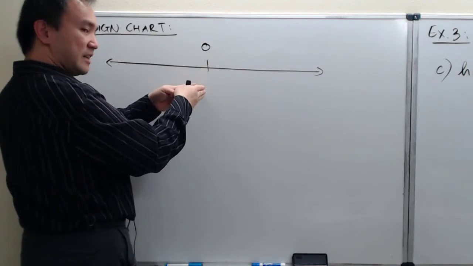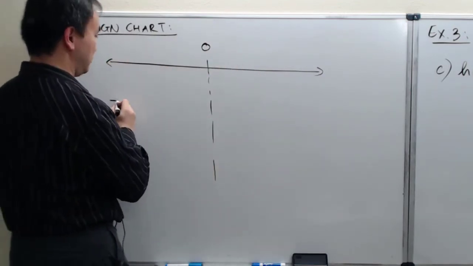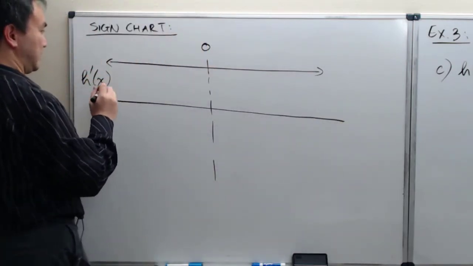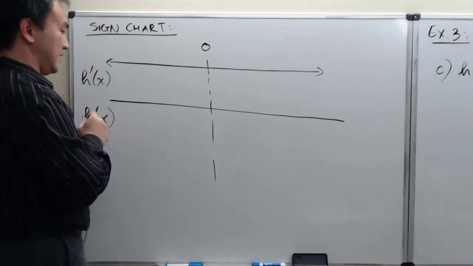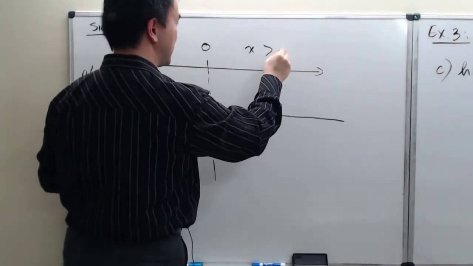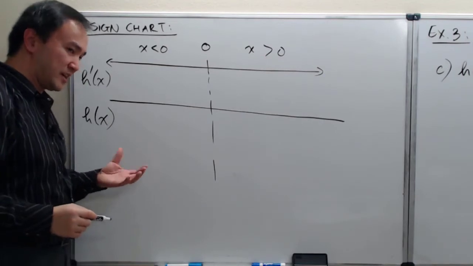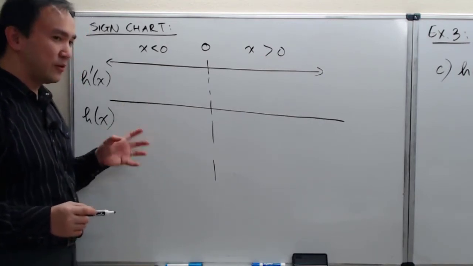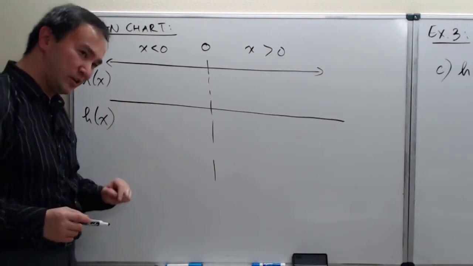So once we place it there, it breaks the whole line into 2 separate intervals. And so here's our table. One row is for h prime of x, and one row is for the behavior of h of x. This interval is x less than 0. This interval is x greater than 0. And you can see how I have already started picking up pace right here. Trust me, once you are fluent with that skill after viewing this video thoroughly, you can work on these steps a lot faster than how I do it up here.